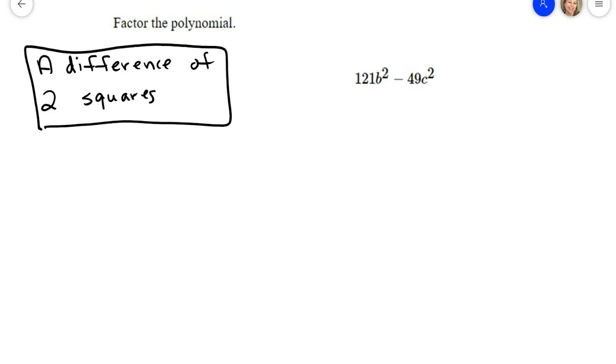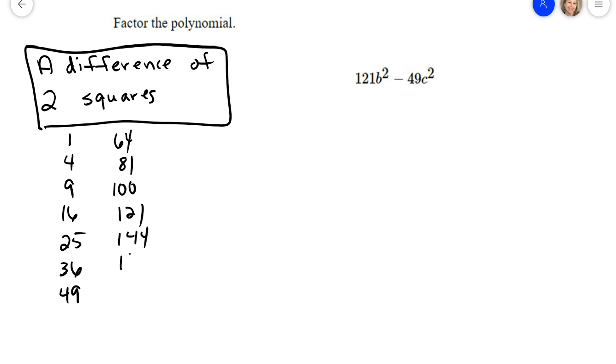And your perfect squares are 1, 4, 9, 16, 25, 36, 49, 64, 81, 100, 121, 144, 169, 196, 225. I think that's the first 15.